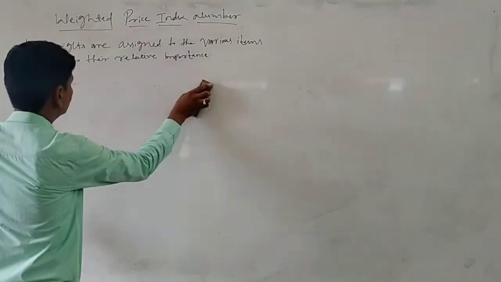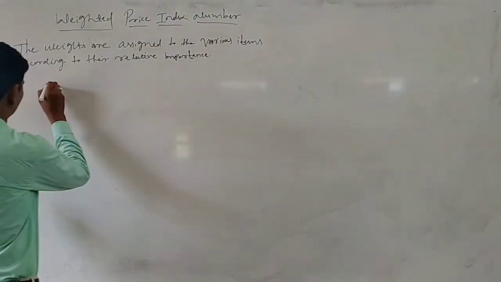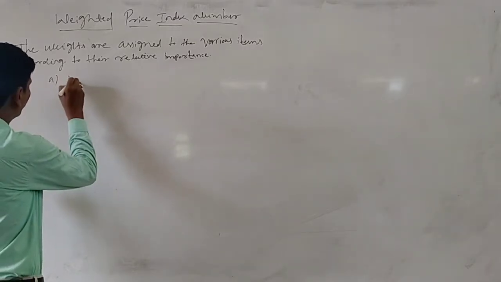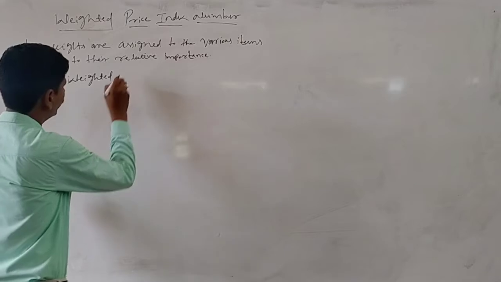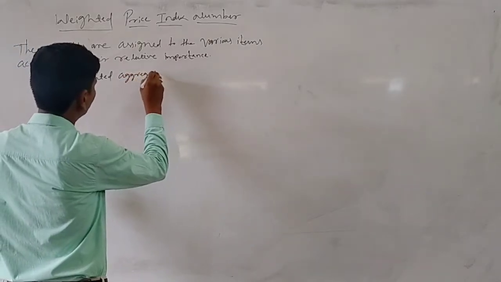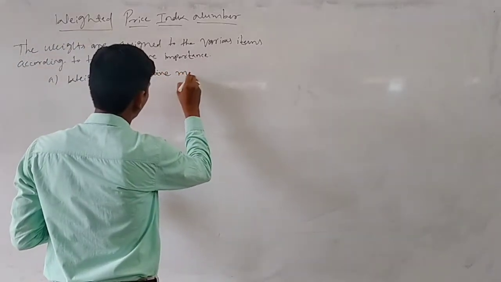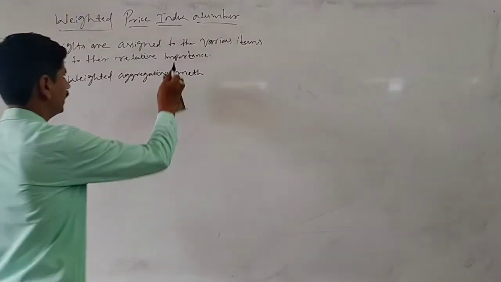Here, there are totally two types of weighted index numbers. One is the weighted aggregative method, or weighted aggregative index number.